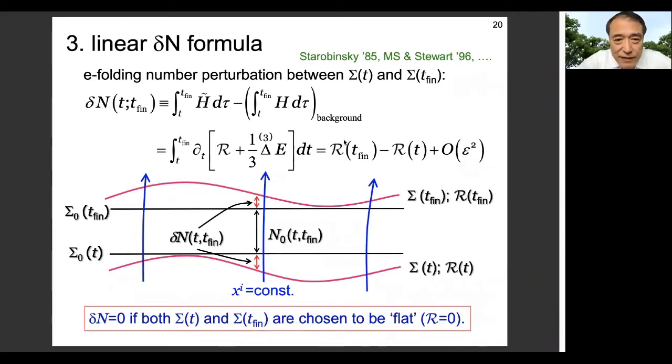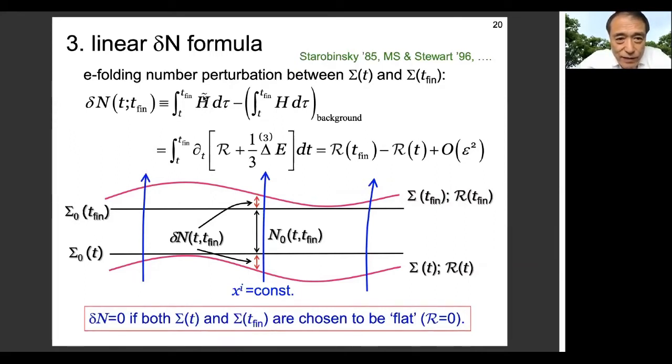With this, for the perturbations, I will now compute delta n. Delta n, the number of e-folds of expansion, is by definition the integral of the expansion rate along, say, a normal vector.